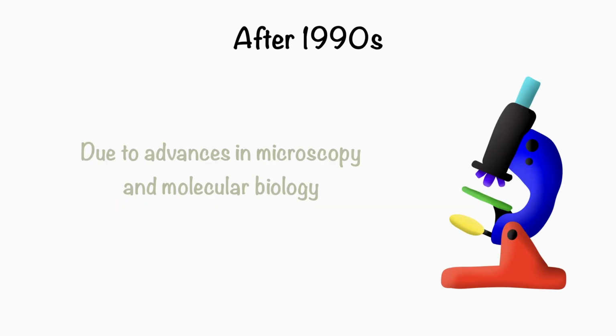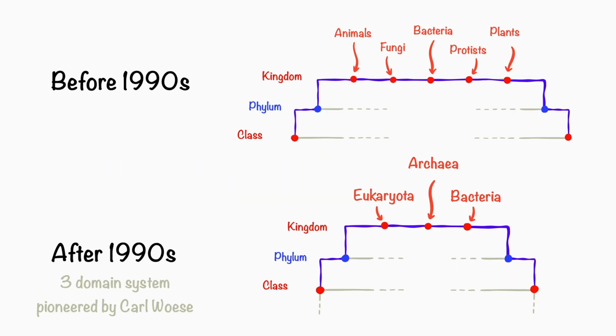However, advances in microscopy and molecular biology revealed that traditional classification based on physical appearance didn't accurately reflect evolutionary relationships. Scientists discovered that organisms appearing similar externally could be very different at the molecular level. In 1990, Carl Woese proposed a revolutionary three-domain system based on genetic analysis, which transformed our understanding of life's most basic organization.